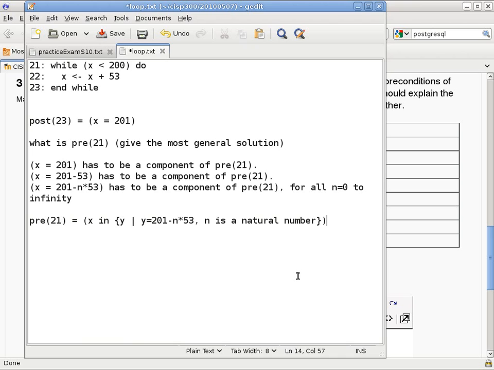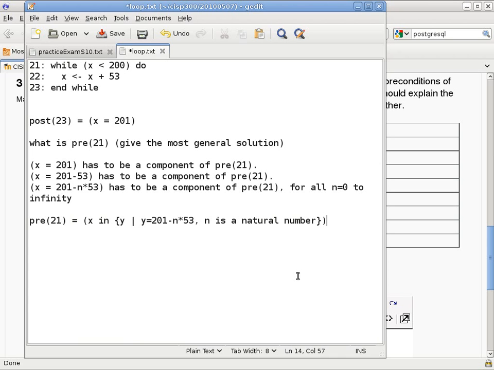This would be the proper way of expressing that statement: x is in the set, using set notation, and the set consists of all y values such that each y is 201 minus some n times 53, and n is a natural number. But that's way beyond the scope of this class, using the set notation.